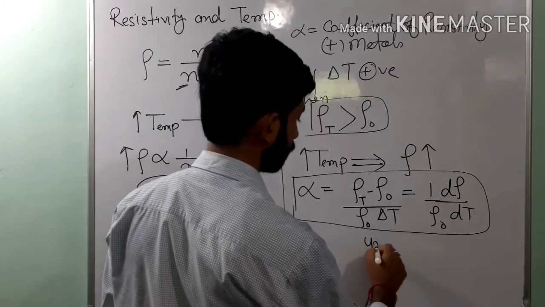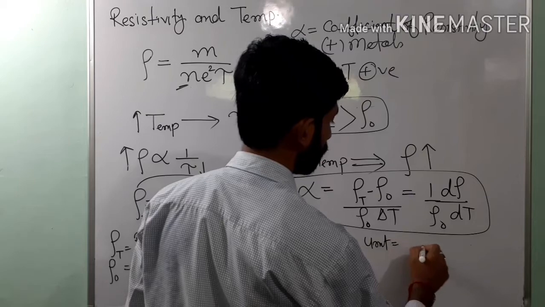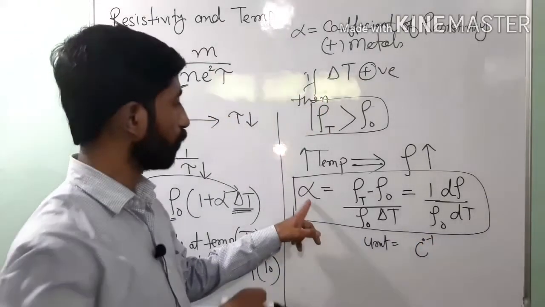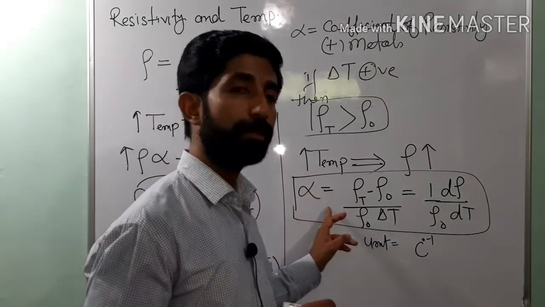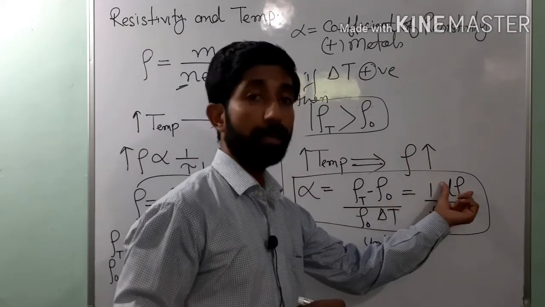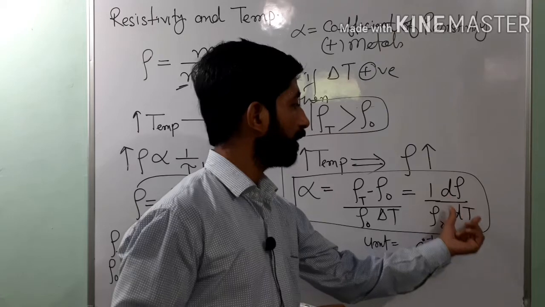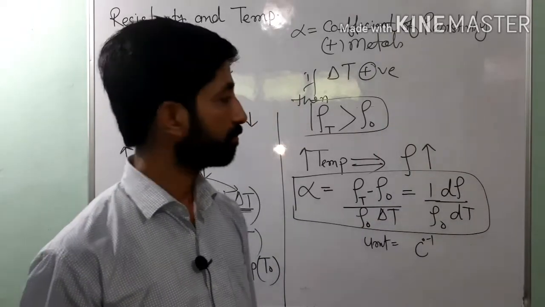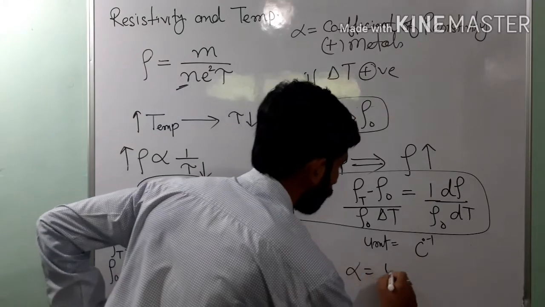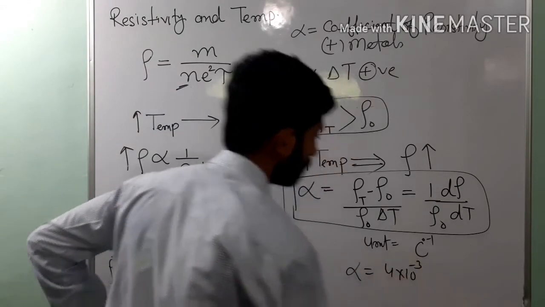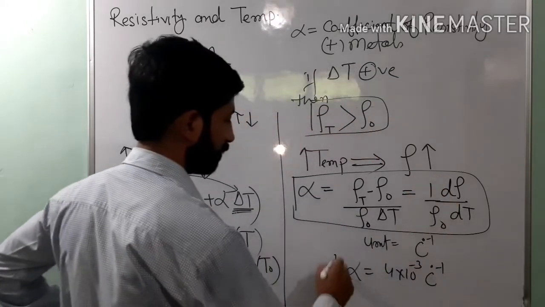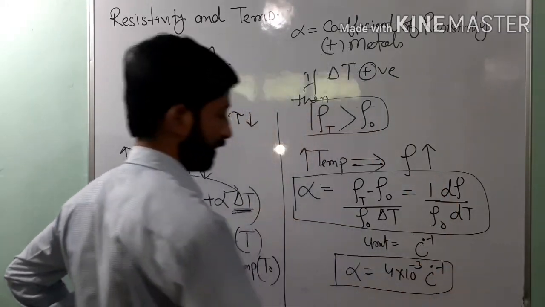So alpha is the rise in resistivity per unit temperature per unit resistivity, or about 4 into 10 raised to the power minus 3 per degree Celsius for metals.